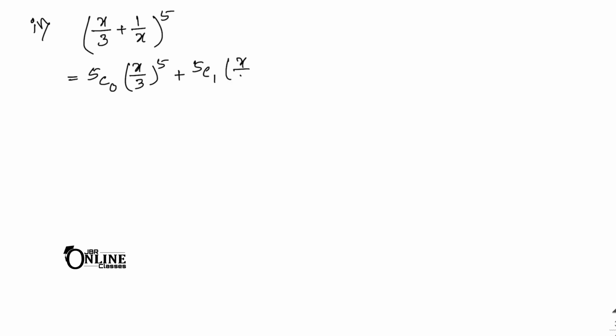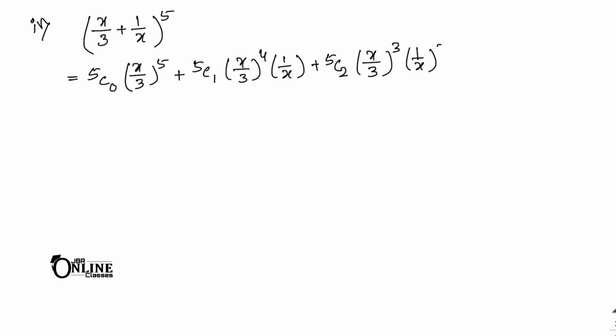Now next one 5c1, then x by 3 whole to the power 4 into 1 by x. After that 5c2, then x by 3 whole cube, and here 1 by x whole square. Now next one here 5c3, then x by 3 whole square, and this one 1 by x whole cube.